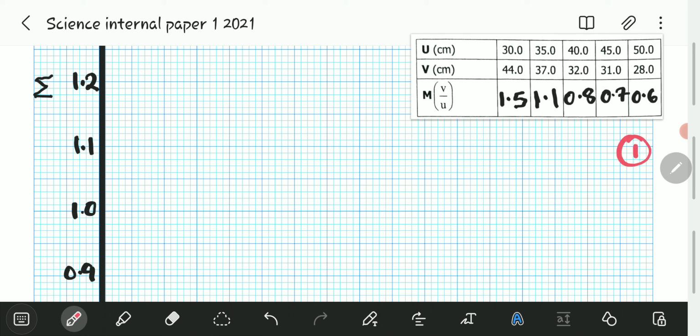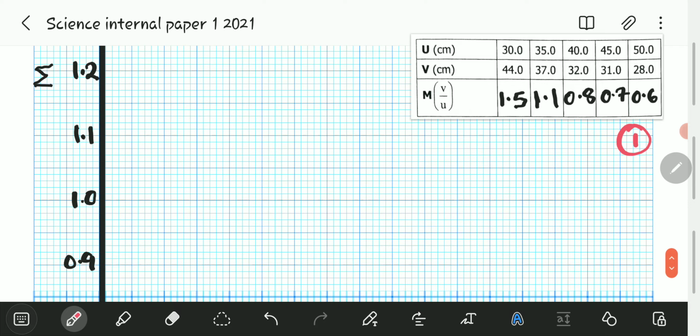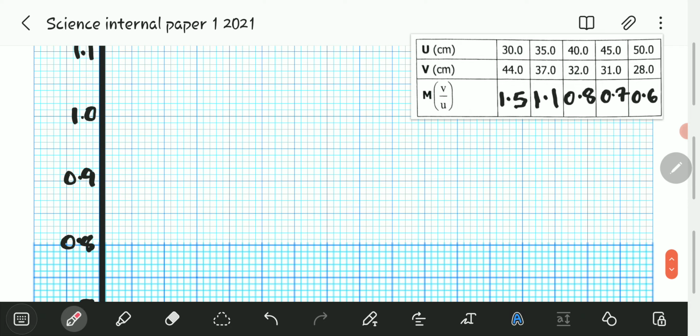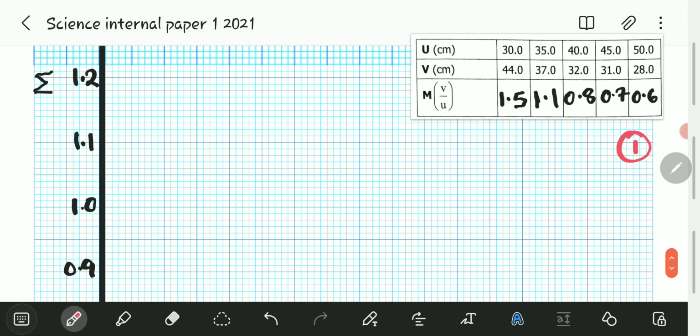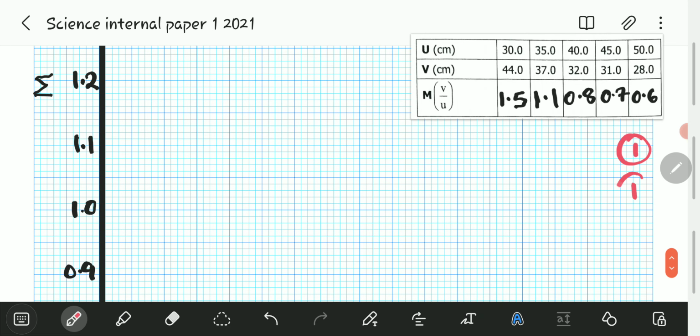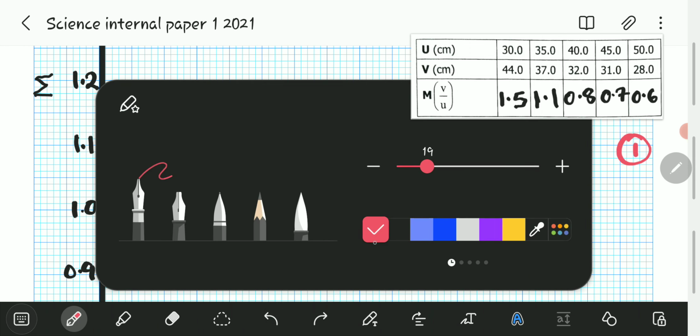Consistency in the way the numbers are increasing on both axes scores you another mark, which comes from scale. Now the scale also goes with the size of the graph. So let me remove this mark because it has not been fully earned.